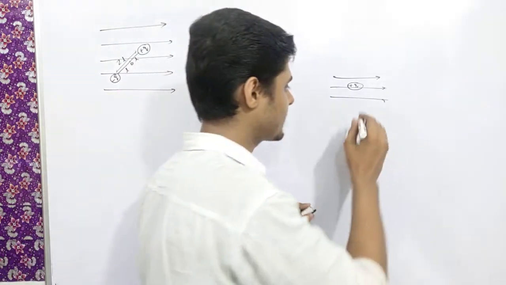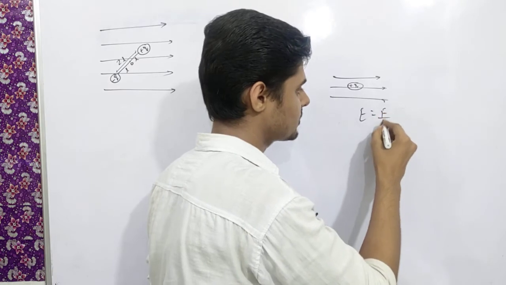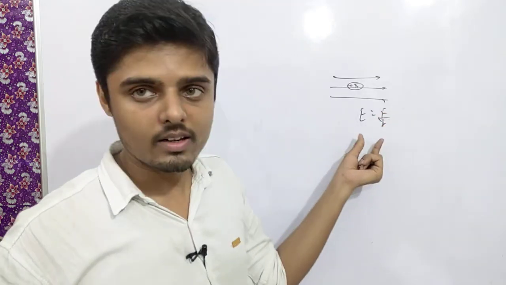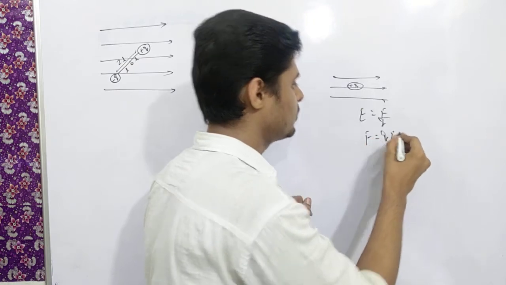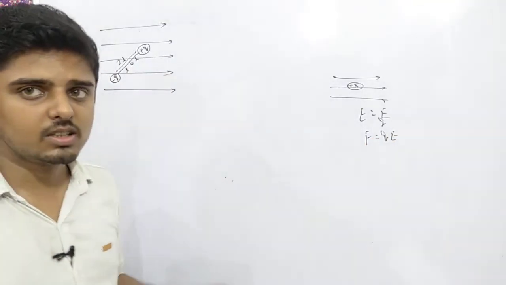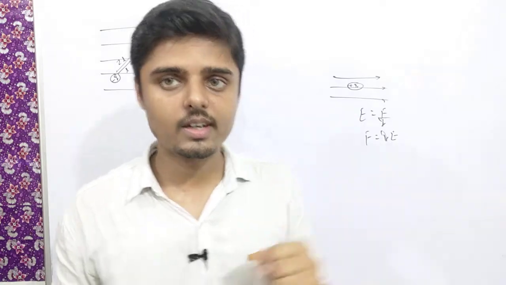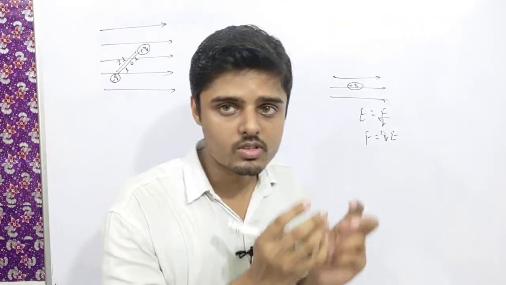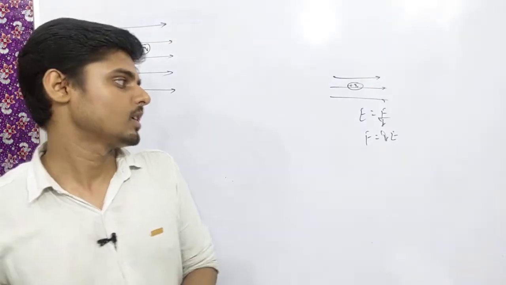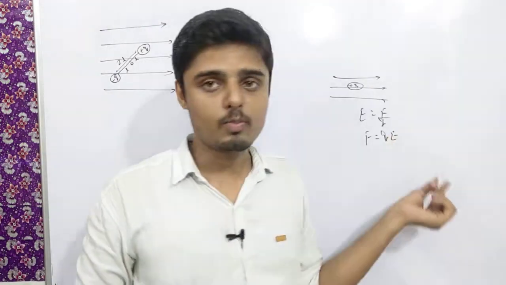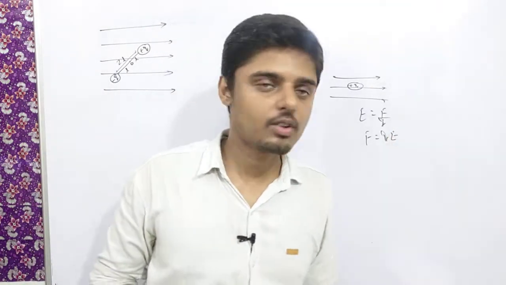As we know, electric field is equal to force by charge. So force would be equal to QE. This means if any charge is placed in a uniform electric field, then it experiences a force equal to Q times E, where Q is the magnitude of the charge and E is the electric field.